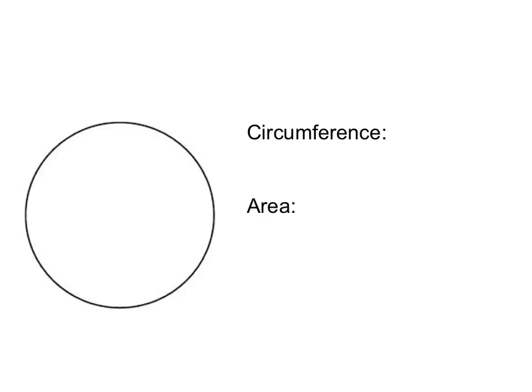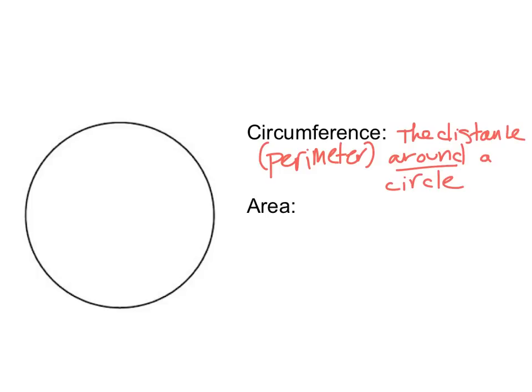All right, so now we have probably the 2 most important terms for this unit, and that is circumference and area. So circumference is just like perimeter. Whenever you read circumference, you should think in your head perimeter. Circumference is the perimeter of a circle. Or perhaps you could think of it as being the distance around a circle.